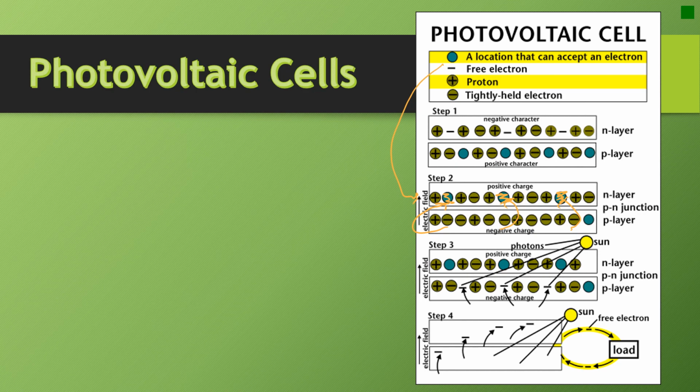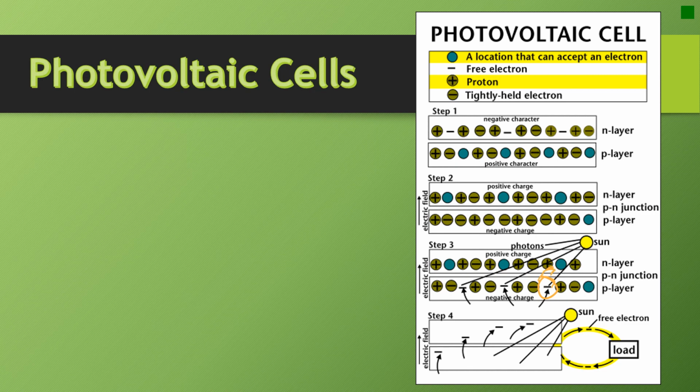What hits them are these photons from the sun. The sun is releasing light energy in the form of photons. They strike this solar cell and it kicks these electrons out. So it's able to use its energy to force these electrons to move. These electrons are then going to move to the holes that are found on the N layer.